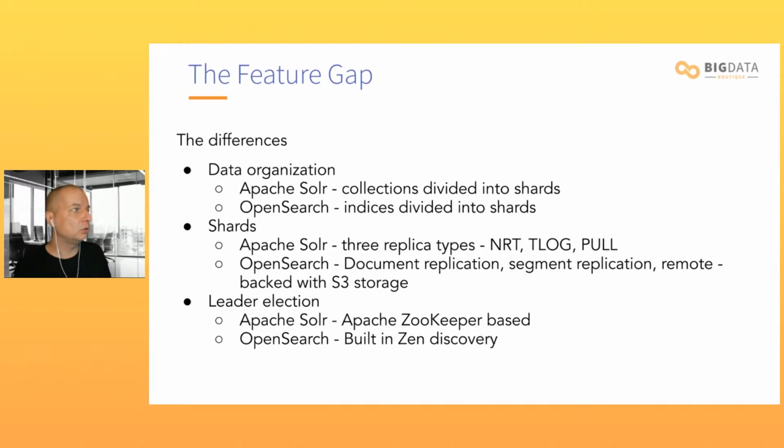When it comes to leader election, I would say OpenSearch wins with simplicity here. You don't need any kind of external software. You have the built-in discovery. You configure your cluster, and it works more or less, right? If the network is visible, if you don't have any kind of issues with that, it works.